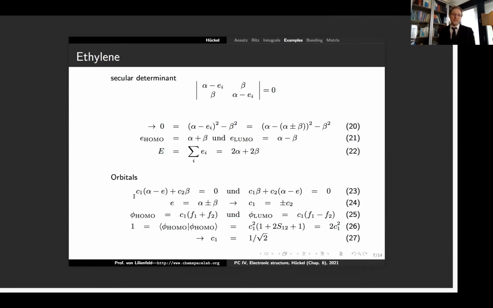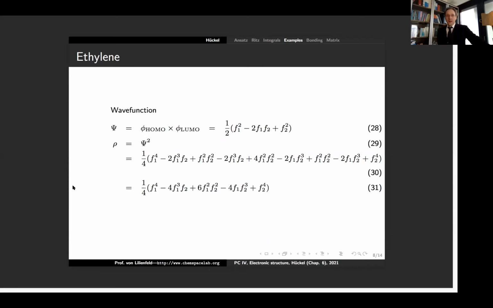You insert that in your system of equations, and then you solve for the coefficients for each eigenvalue up to 1, right? You have to substitute them until only 1 coefficient is left, and then you can determine this last coefficient by normalization. The full wave function then is the product of these 2, and the electron density is the square of that. And so here this is shown in the atomic p orbitals of the 2 atoms.